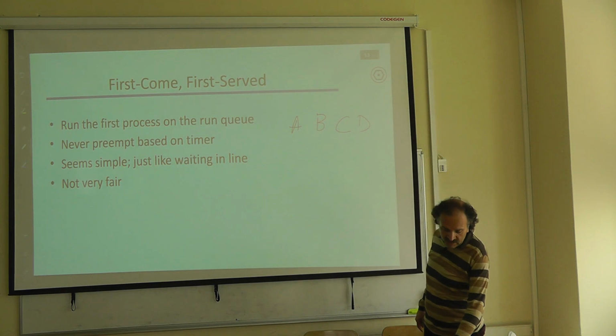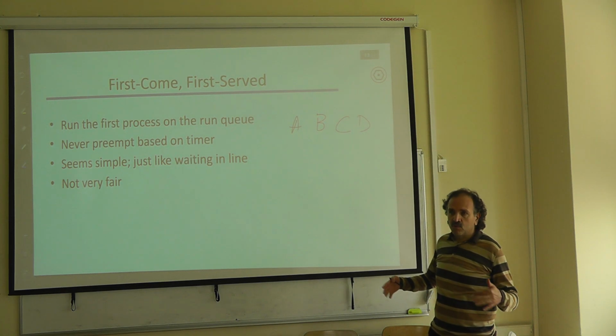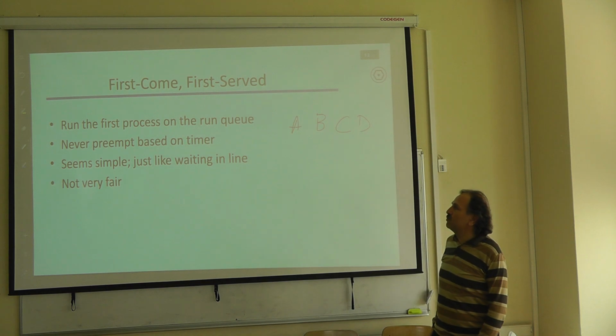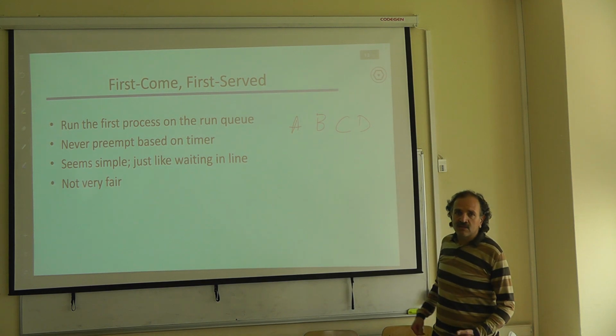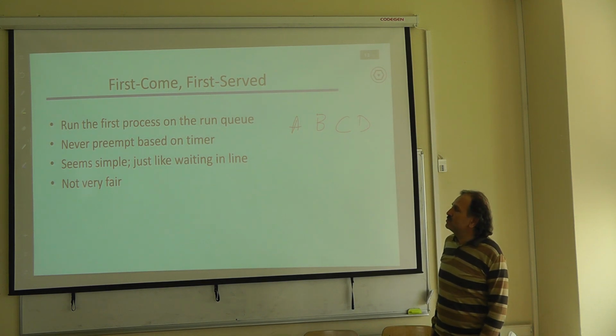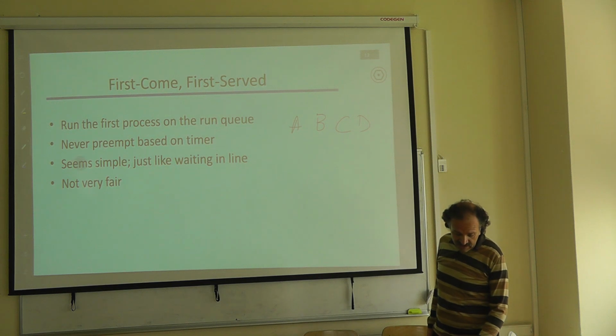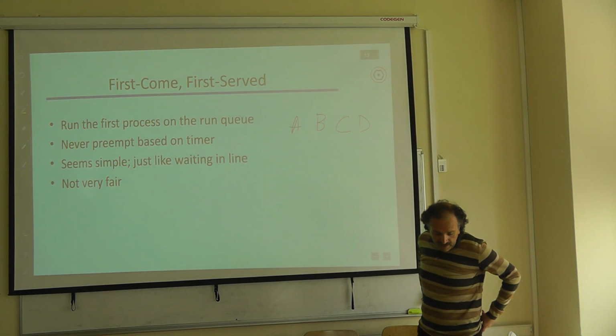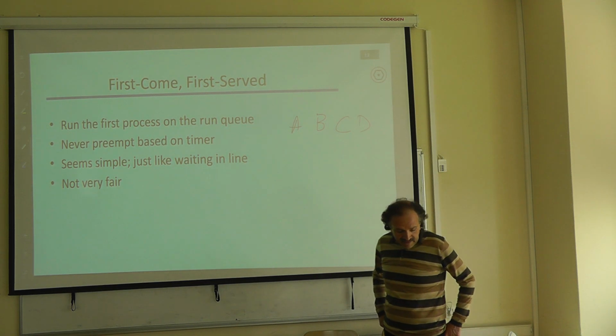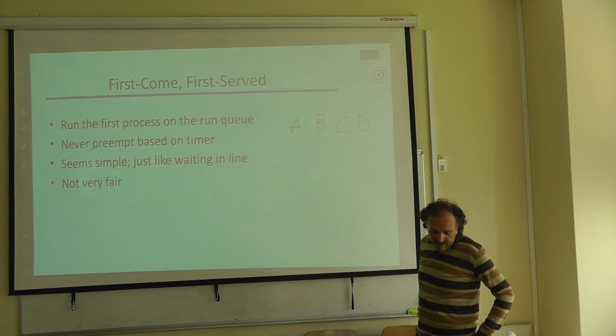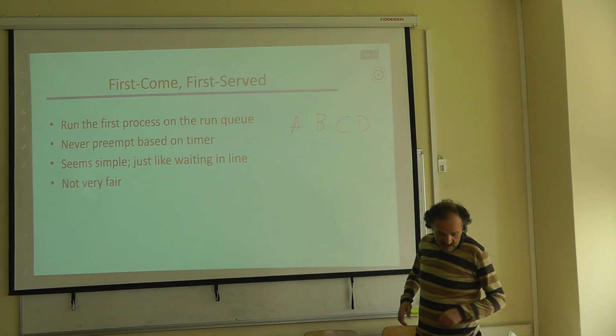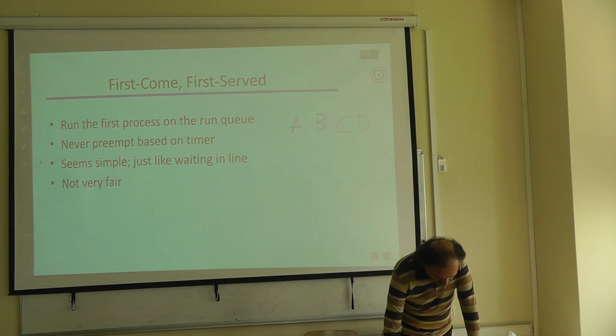All of these A, B, C, D, you may need 24 hours for all of them to finish. So I don't need any interaction. That's why usually we don't use any preemption with first come, first served systems. It seems simple, but there are some not very fair problems with this approach.